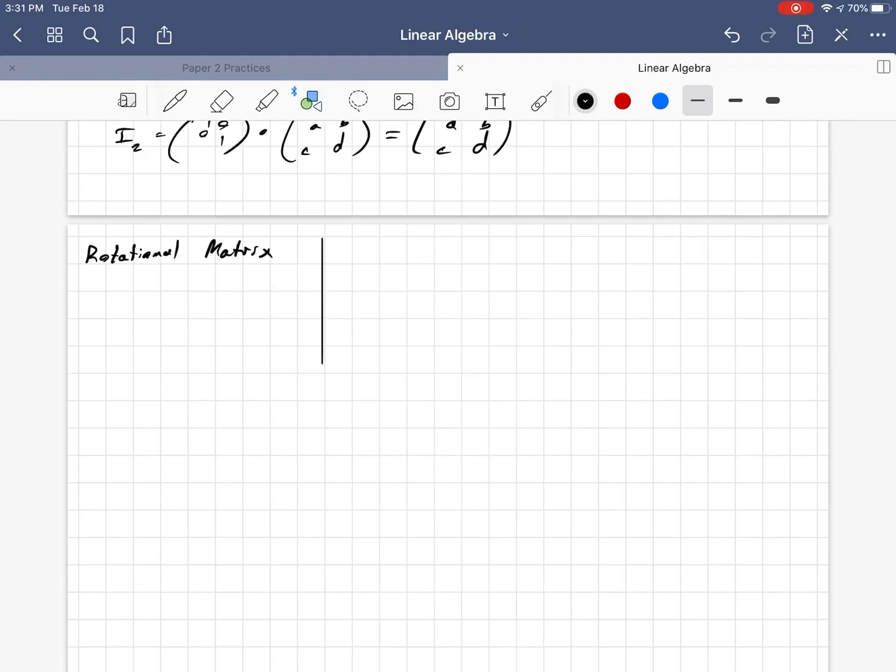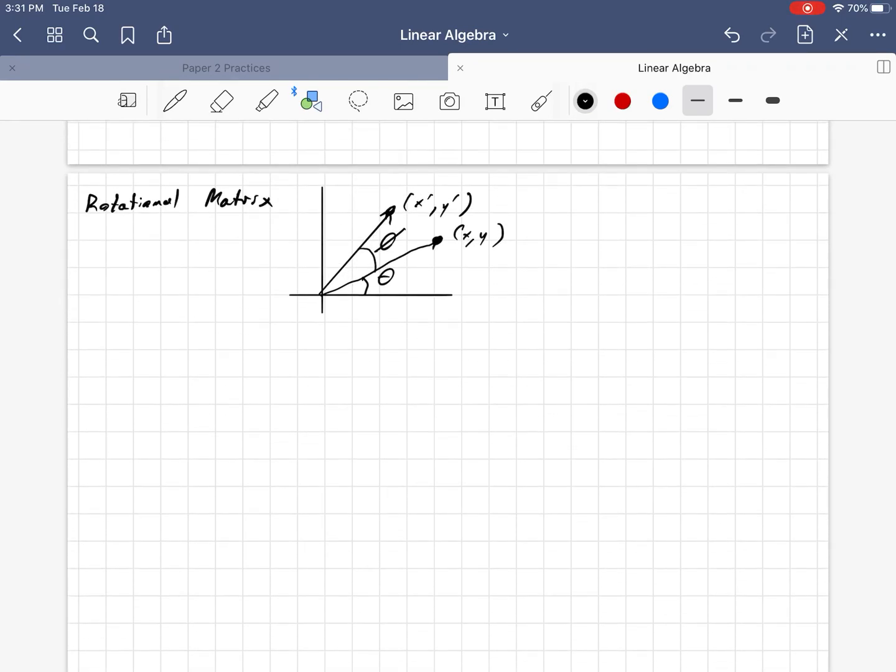So maybe we have a point here on the head of this vector, and we start at an angle theta from the origin, and then we rotate this point on the head of the vector, and let's say it was originally (x, y), by some other angle phi, so that we get a new point (x', y') on the tip of this same vector. And we want to find what x' and y' would be.